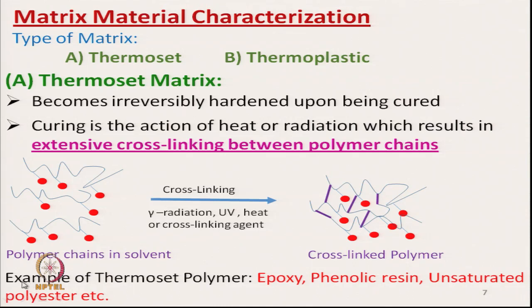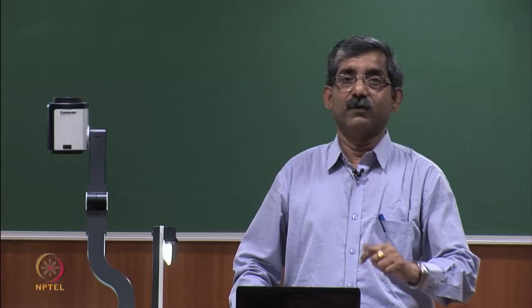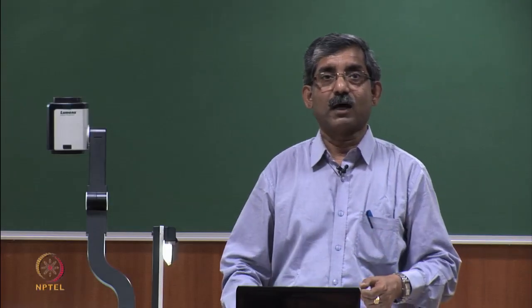Examples of thermoset polymers are epoxy resin, phenolic resin, unsaturated polyester, etc. These are very commonly used thermoset matrix materials.